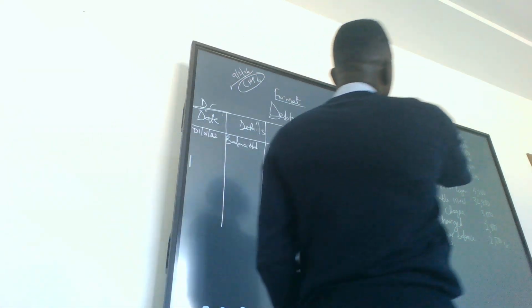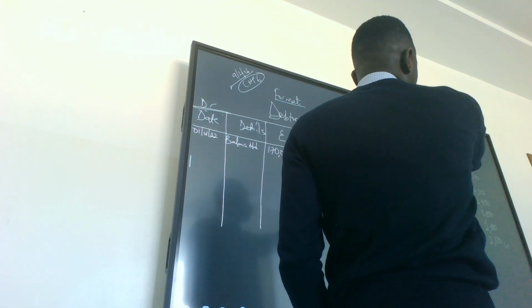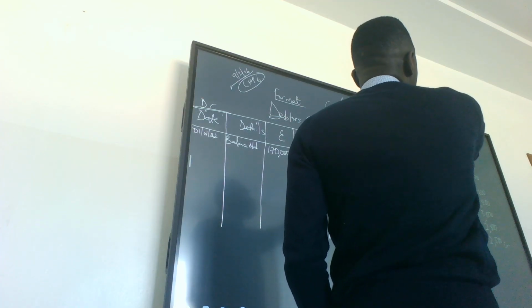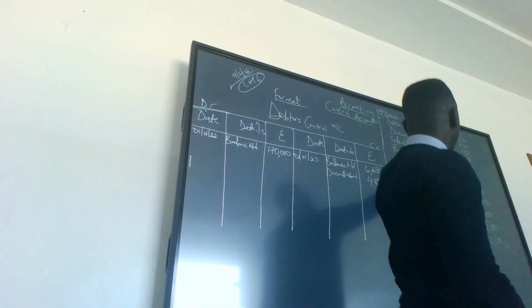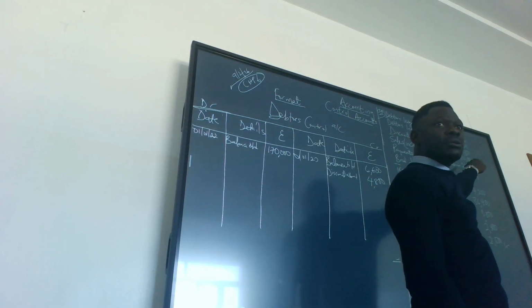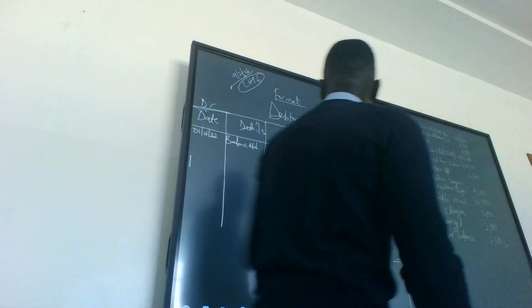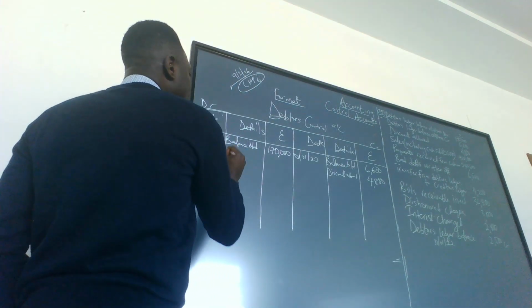We'll move on. Sales including cash for 25,000. That means there's a cash payment out of this 410,000. So you take it away from 25,000. You get my point here? So credit sales, we need credit sales here.